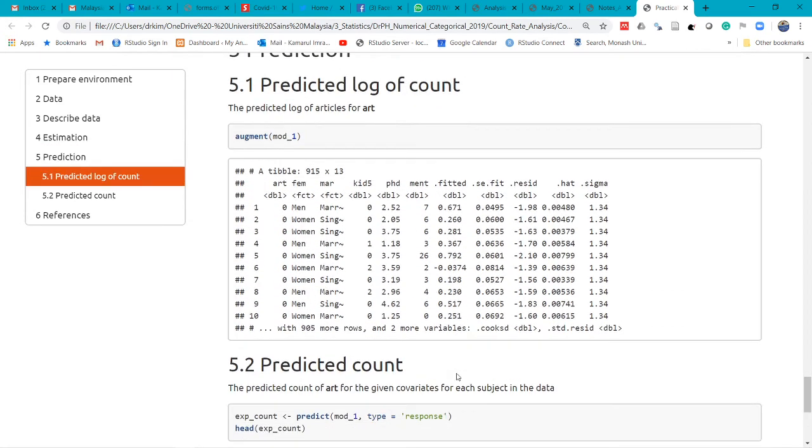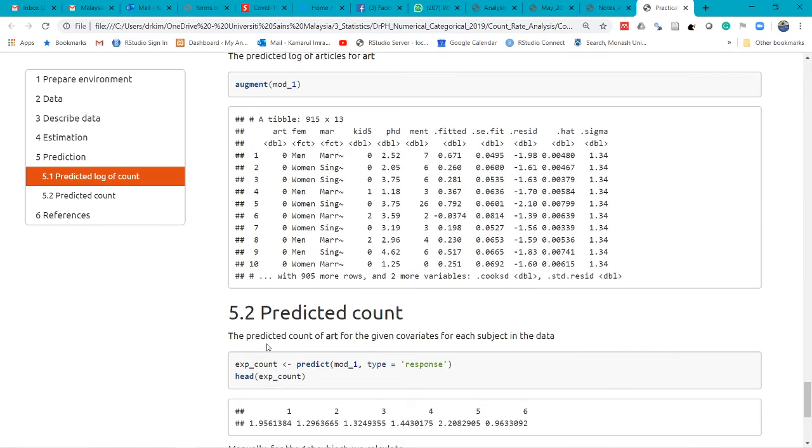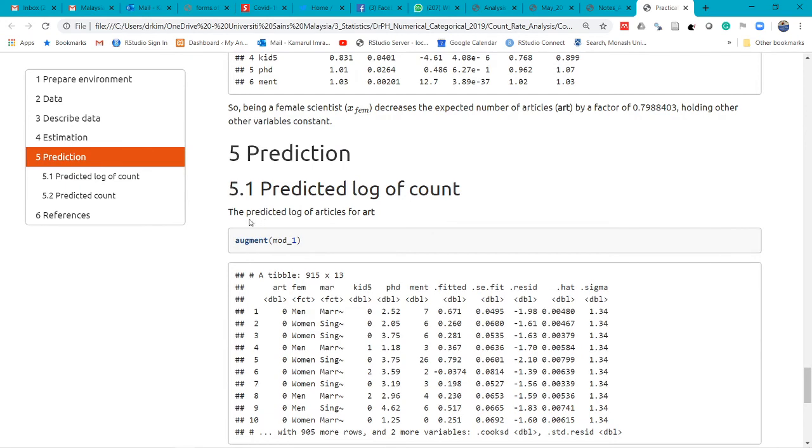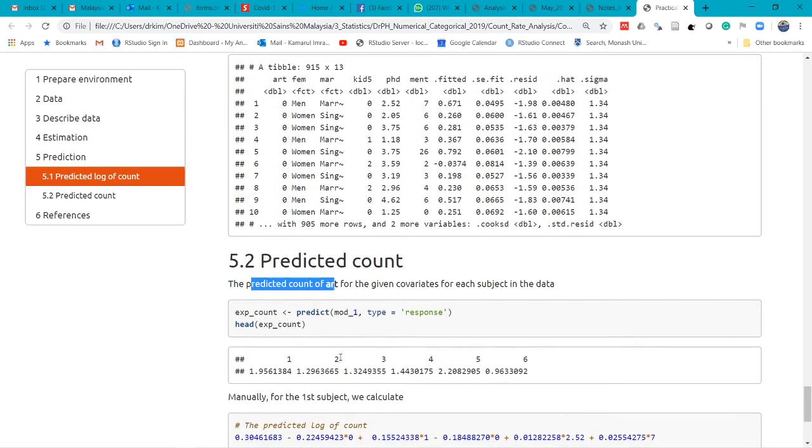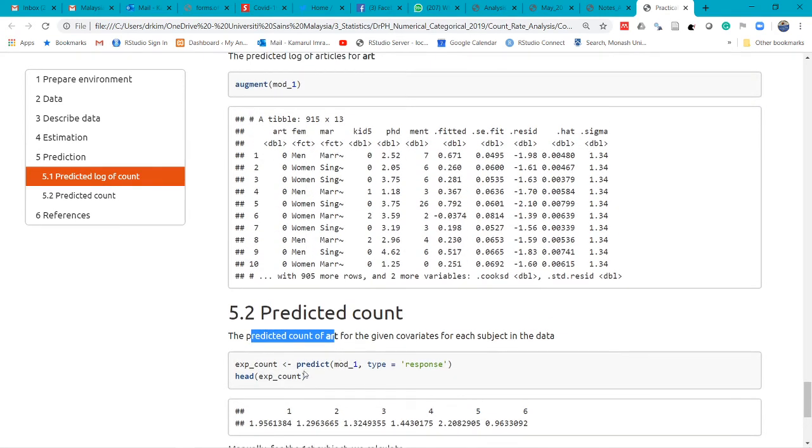If you want to get the predicted count of articles, this is the predicted log of articles, this is the predicted count, then you can use the function predict with your model, and type equal response.